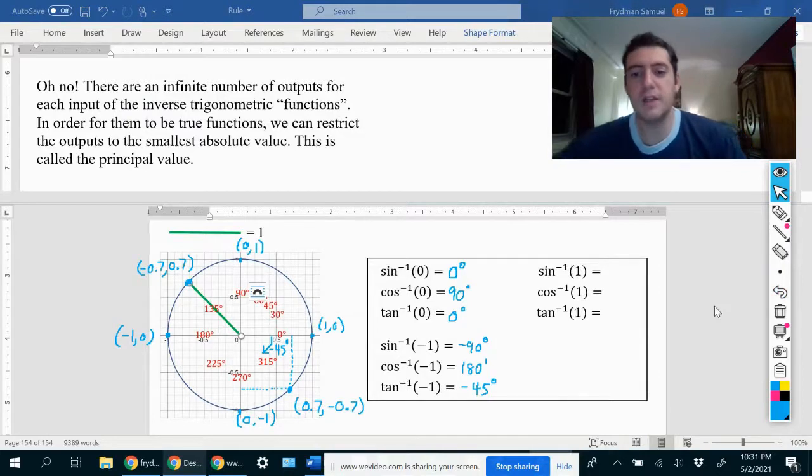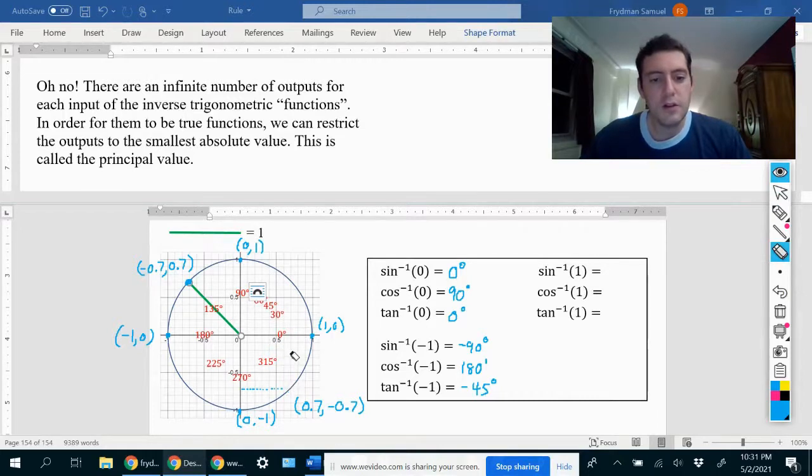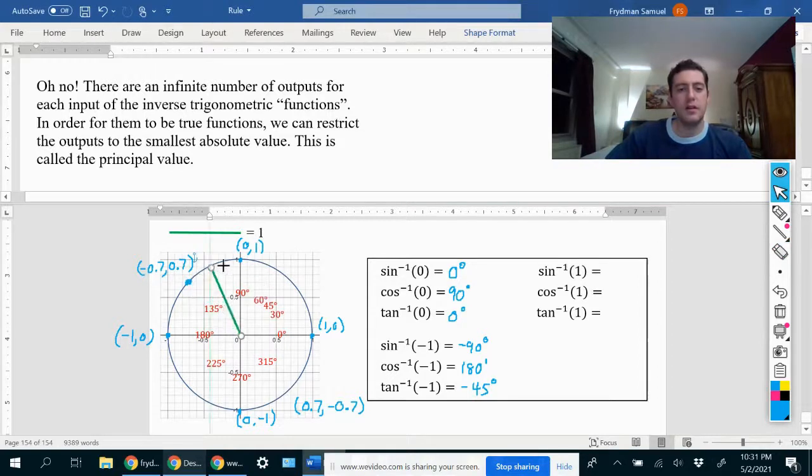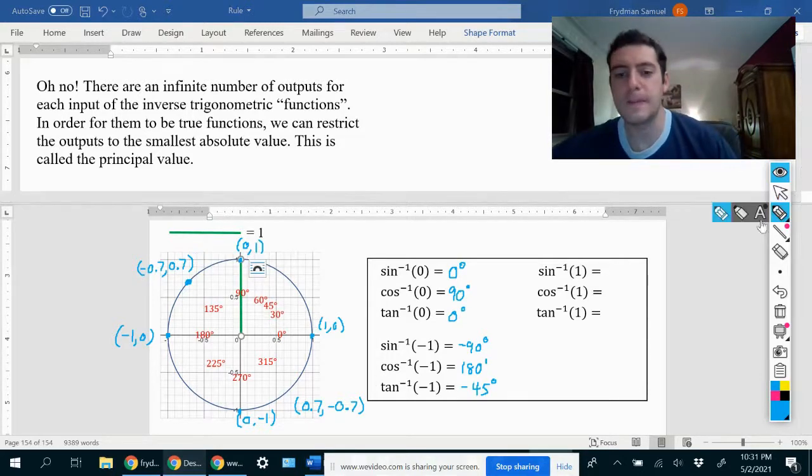Okay, let's continue with these over here. So what angle has a sine of 1? That would be this right over here, and that's 90 degrees, has a y value of 1.